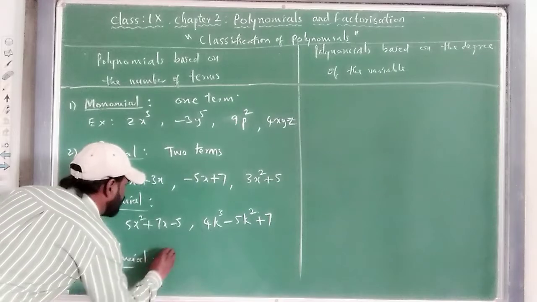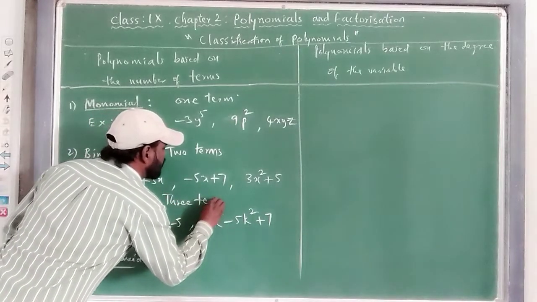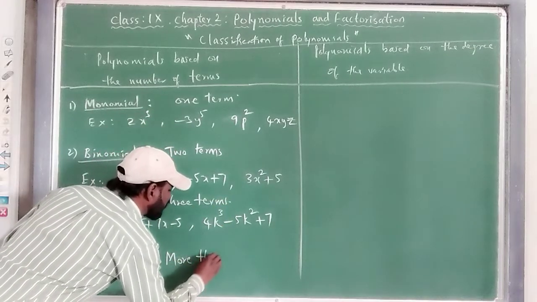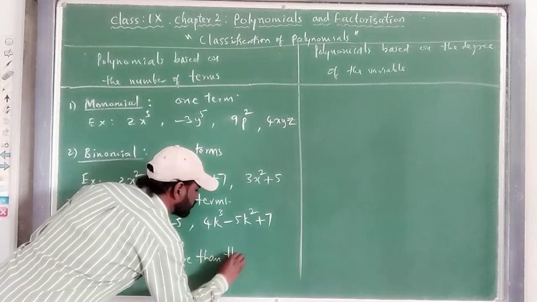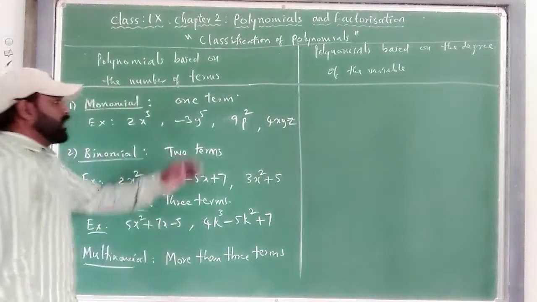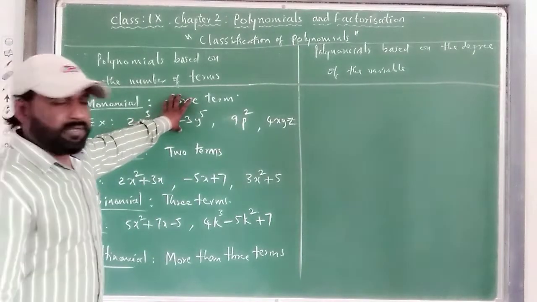Here how many terms are there? Three terms. Like that. Now these are the different names based on the number of terms in the algebraic expression.